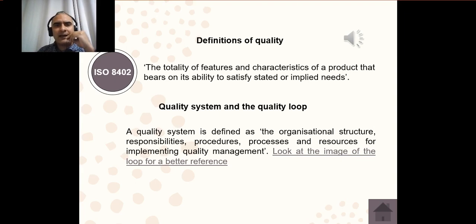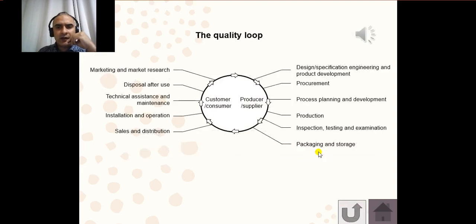So anyways, in this case, what we're talking about in quality is about achieving the best performance, right, the best quality, in order for us to have higher sales, right? So here we are going to look at this image, and it's a quality loop, and the quality loop is achieved when we look at all the areas of the supply chain.